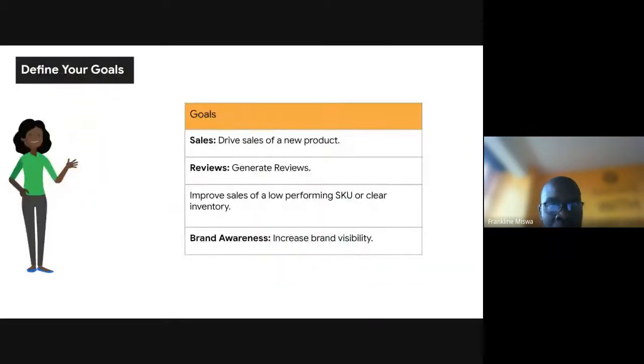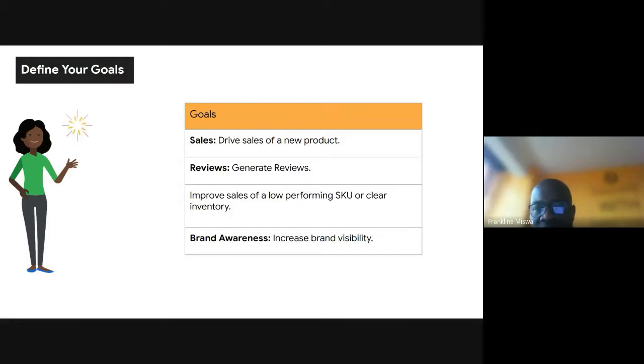Okay? So the key thing is, how do you define your goals? And as I stated at the start, we all want to make a sale and make some revenue at the end of it. That's the most important thing. And we also want to be paid on time on Jumia if you are selling online. And this is not purely limited to online.